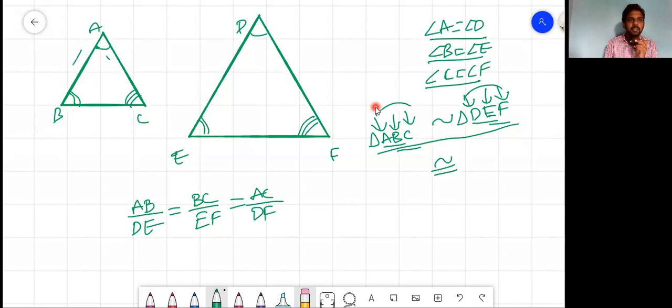Which means AB divided by DE will be equal to BC divided by EF, which will be equal to AC divided by DF. Right? So this will be equal to some proportional number. It can be less than 1 or greater than 1, so it can be 0.5, something like that, or 2, something like that. Fine.